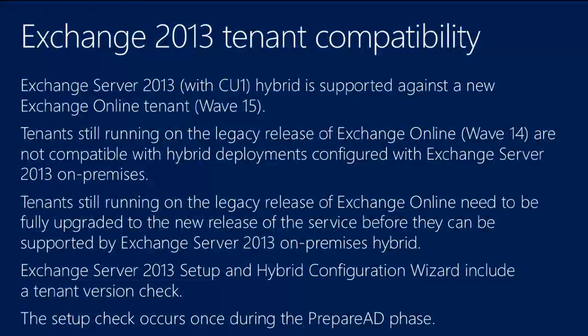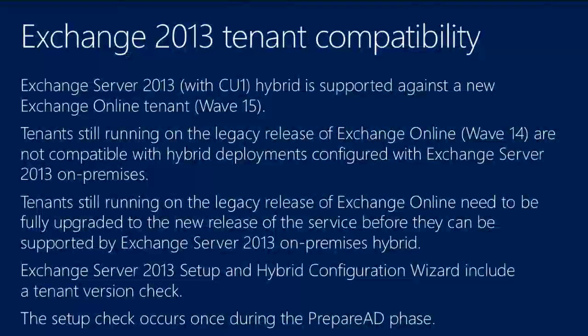As you probably know, Office 365 released our latest version in February based on the 2013 applications, Exchange 2013 being one of them. So an Exchange Server 2013 based hybrid, where you have 2013 on premises, is supported against a new Wave 15 Office 365 tenant. As I mentioned, you've got to have CU1. It's a requirement.